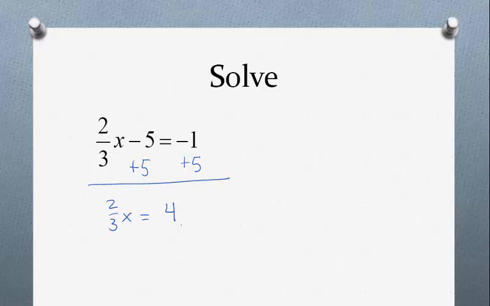Now we're back to the same type of equation we just had. My goal is to get 1x. Since my goal is to get 1x, I need to use the reciprocal of the coefficient. So 2/3, the reciprocal of that is 3/2. Because I put that on the left side, I have to put a multiplier on the right side.